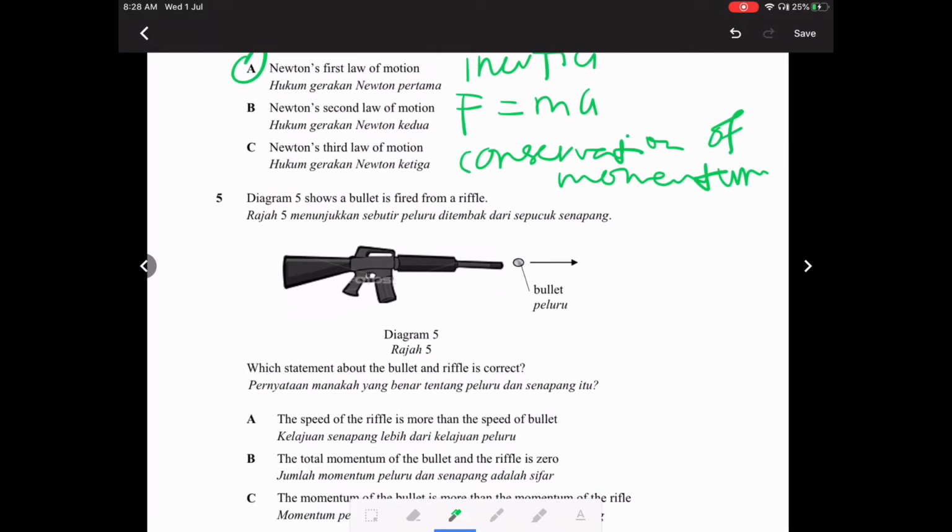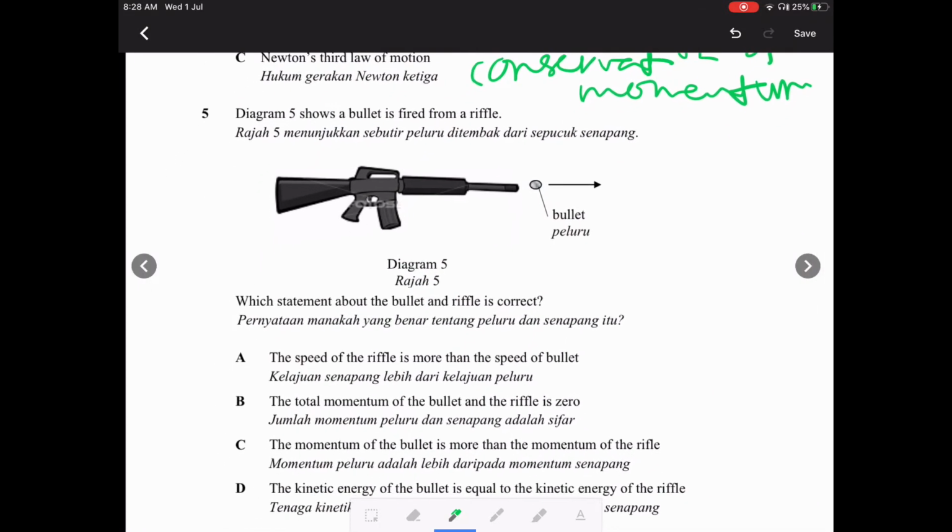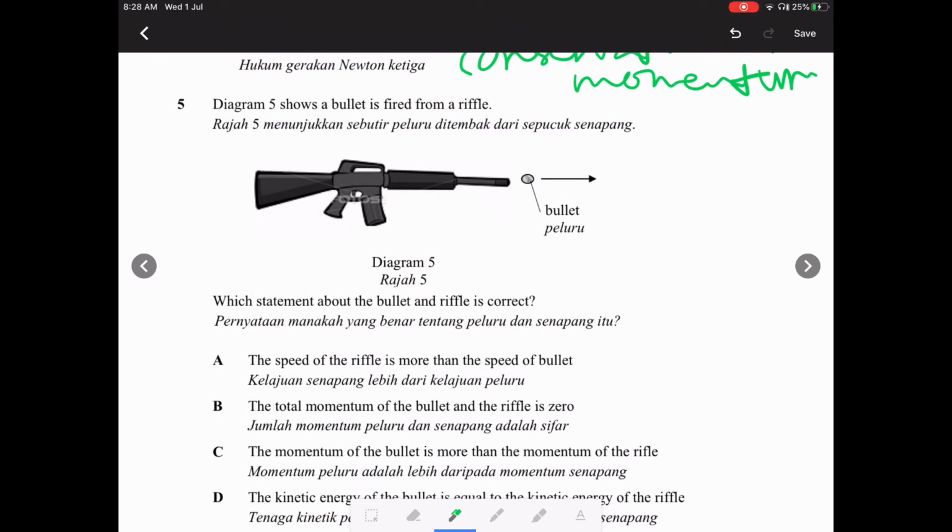Okay, number 5. Diagram 5 shows a bullet is fired from a rifle. Which statement about bullet and rifle is correct? Okay, ini conservation of momentum. Di mana kalau conservation of momentum untuk letupan explosion, jumlah momentum sebelum dan selepasnya adalah sama, di mana formulanya ialah M1U1 tambah M2U2 sama dengan M1V1 tambah M2V2.